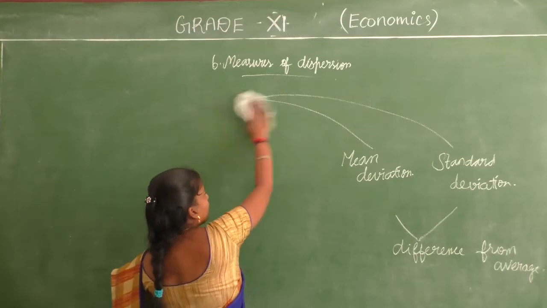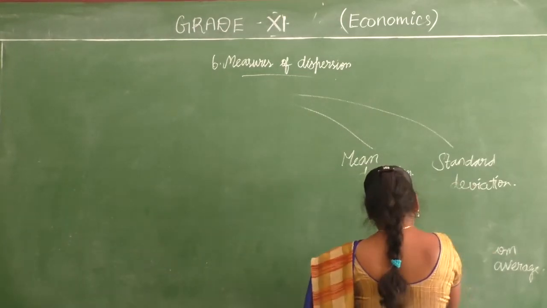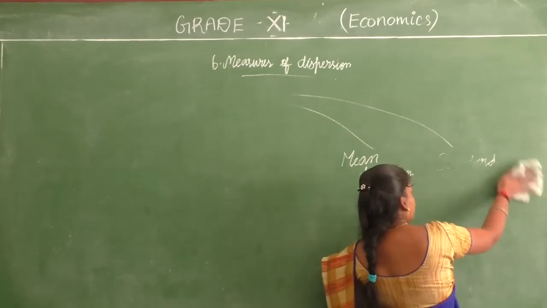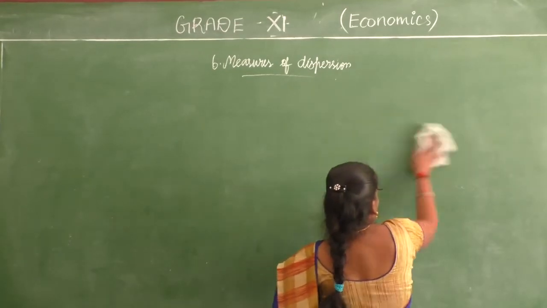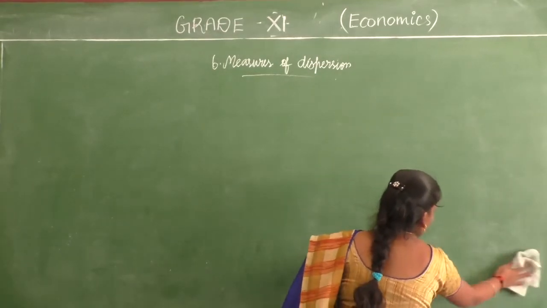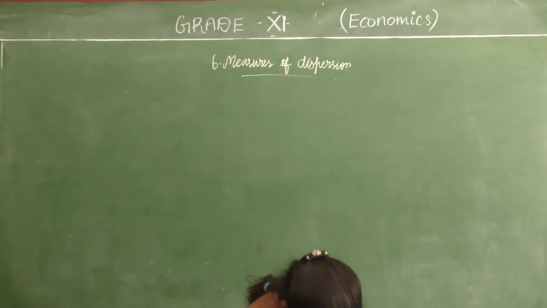Right? What are the other methods? We have the assumed mean method, then we have the direct method, and finally we have the step deviation method.